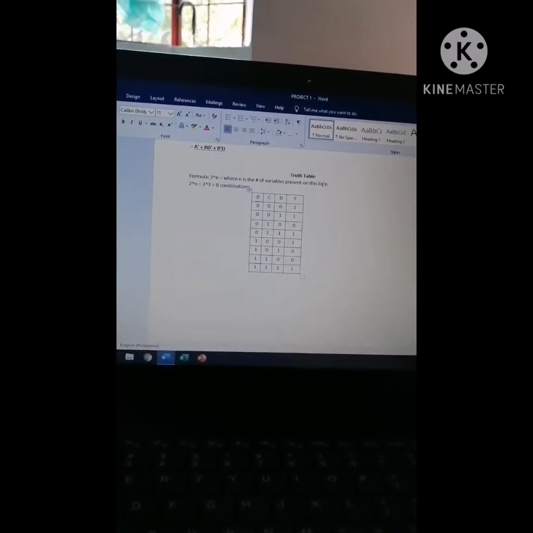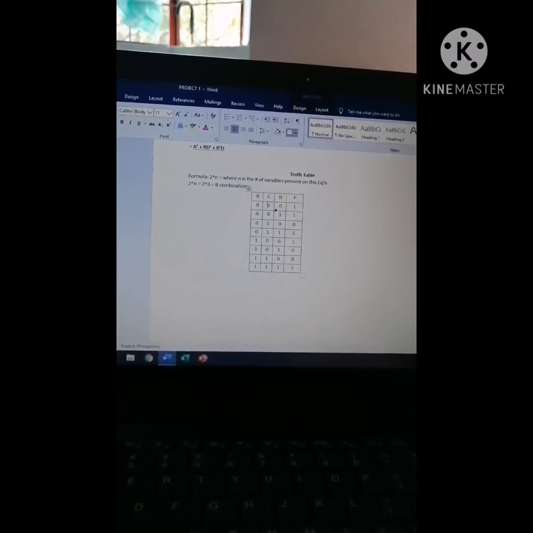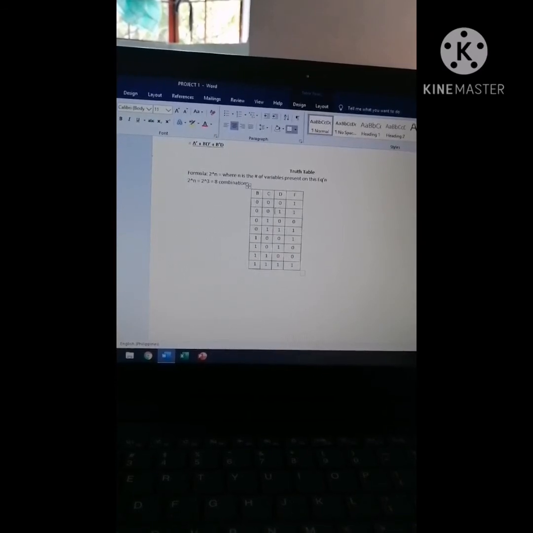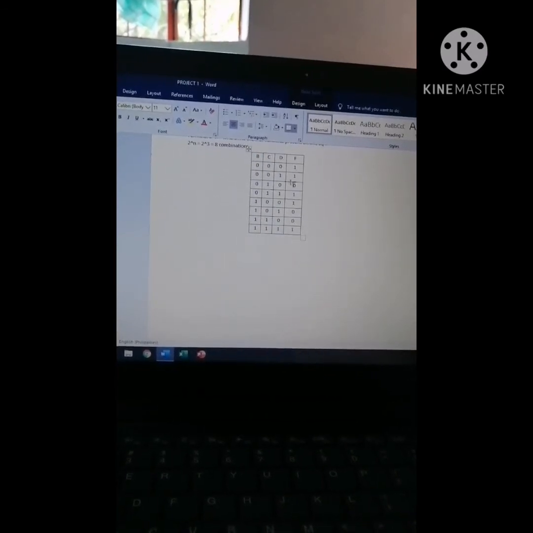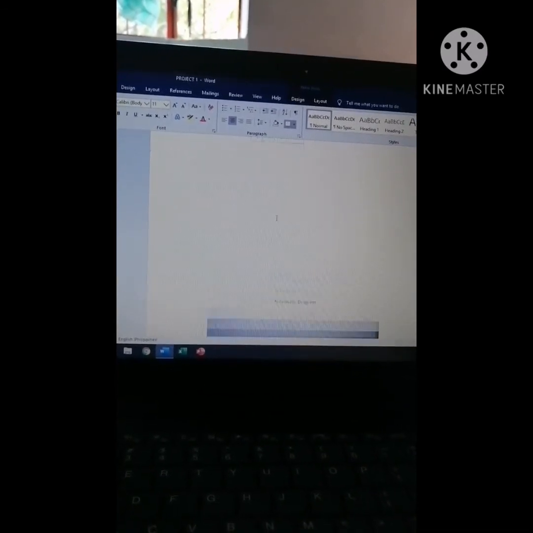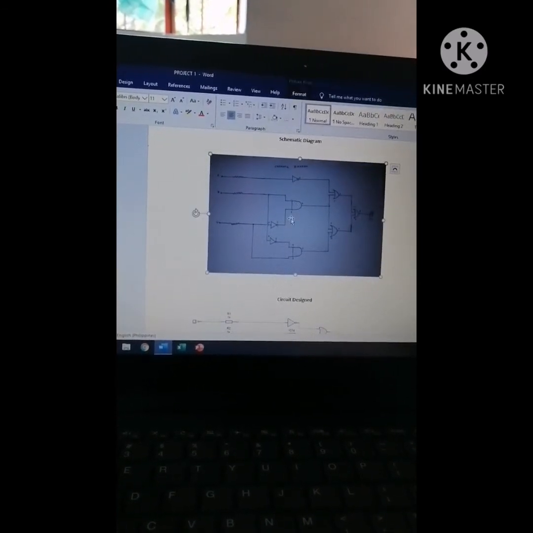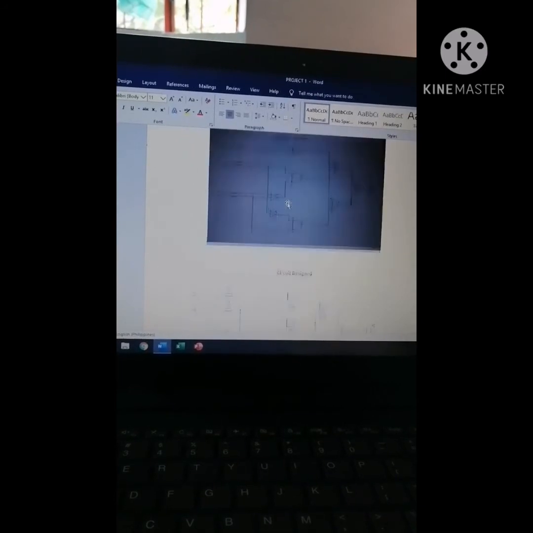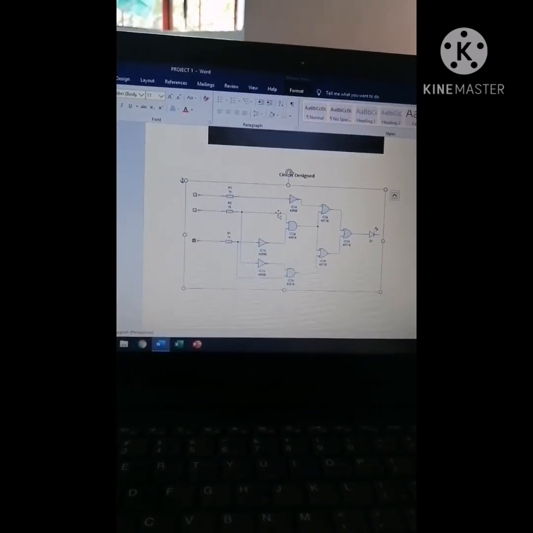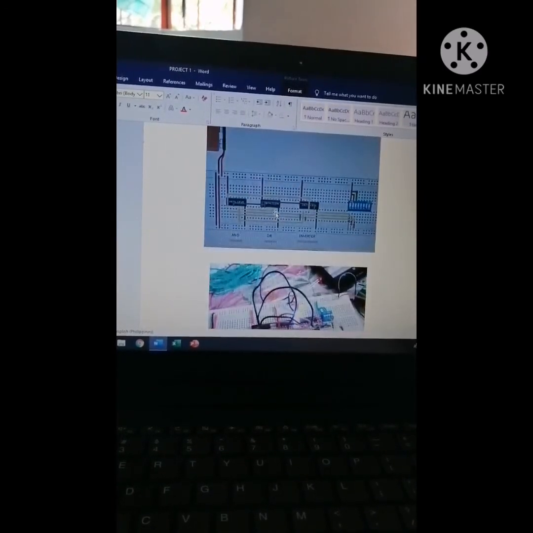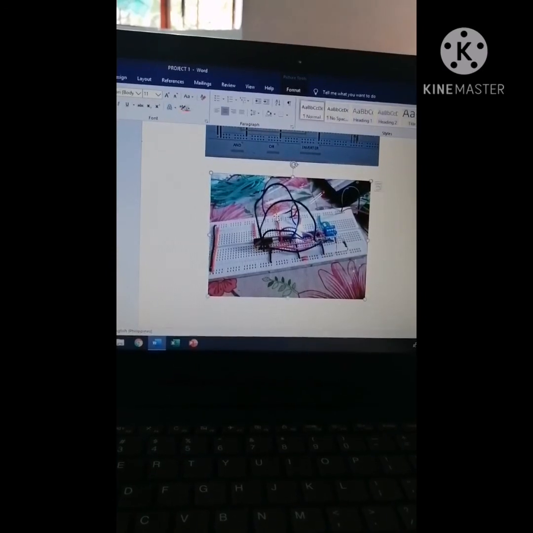So in this truth table, 0 0 0 equals 1, and the rest. Schematic diagram, then circuit design, simulation, and actual.